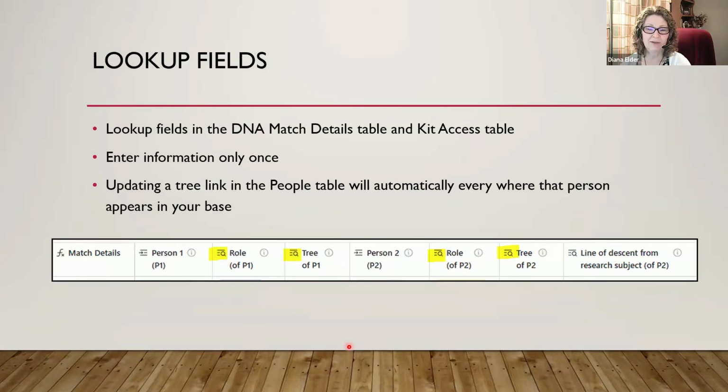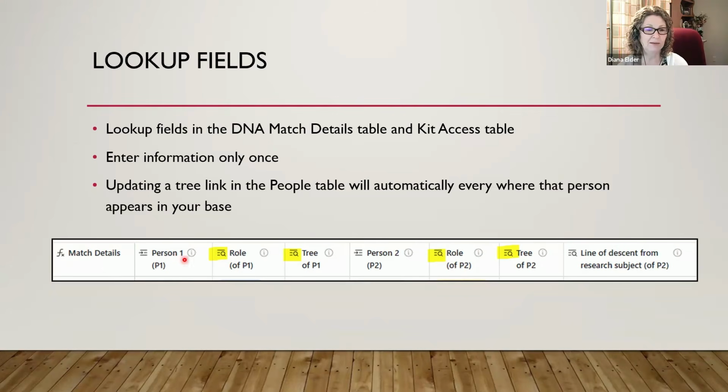Now we also have lookup fields, and these are in the DNA match details table and kit access. So when I showed you the first screenshot of the DNA match details, you may have noticed all these little magnifying glasses right here. And this means that they are lookup fields. So basically, once you have entered in person one, let's say you are using John as he's a test taker for you.